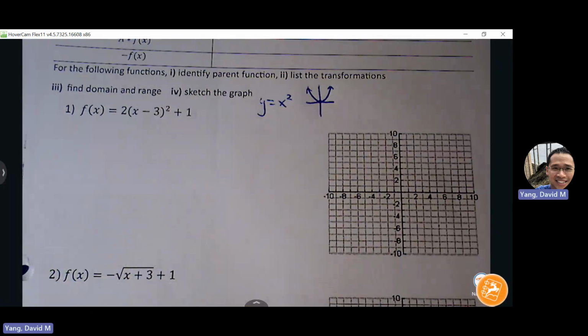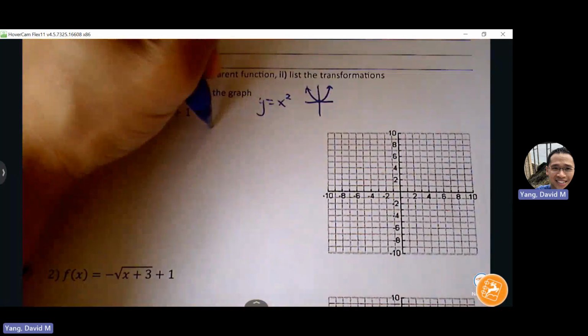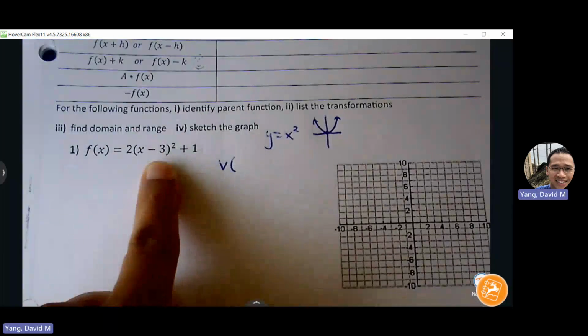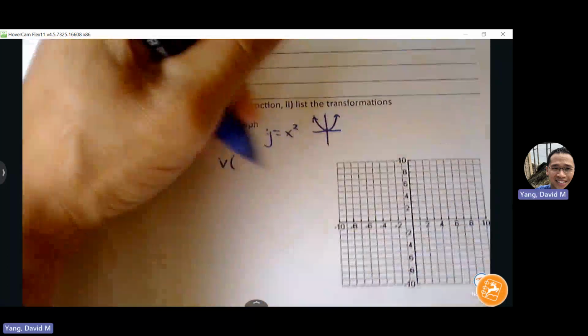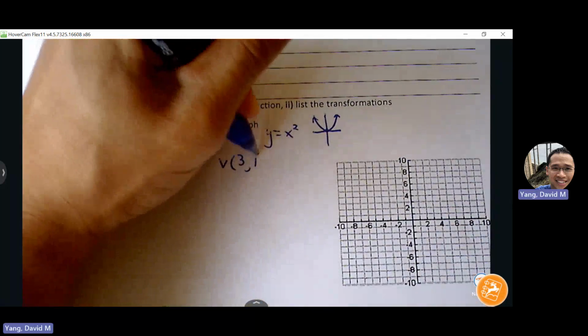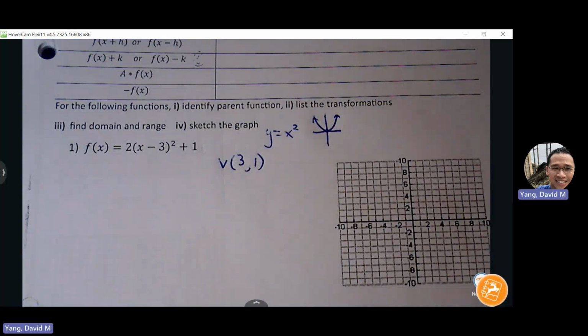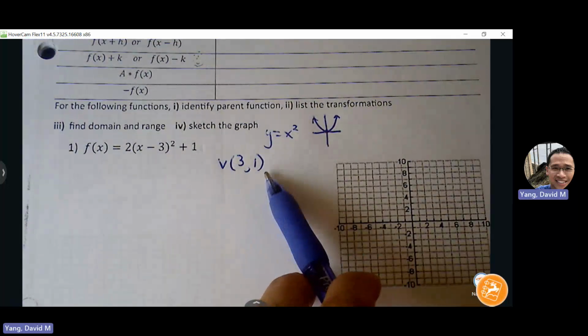If we can move the center of the graph, then everything else kind of falls into place. Again, we have to understand that we're going the opposite direction of what we see in here. So instead of -3, we want to think of it as moving to the right 3 units. So the vertex is just going to be 3, 1. It's going to move that center from 0, 0 all the way over to 3, 1.